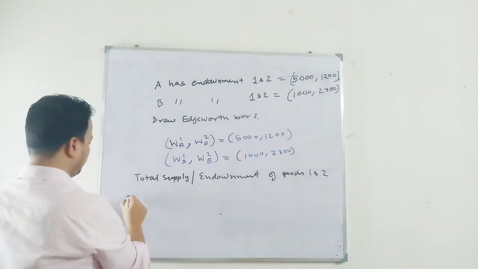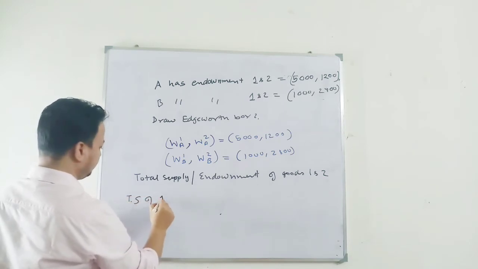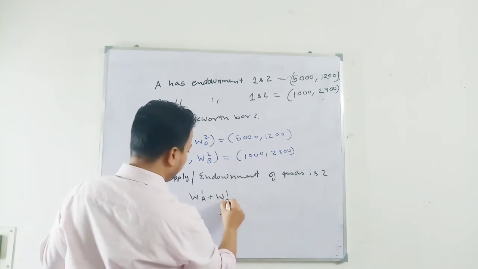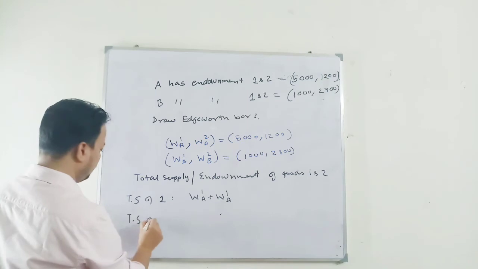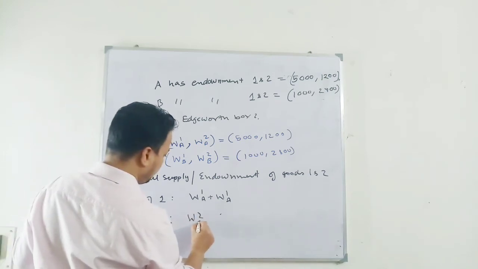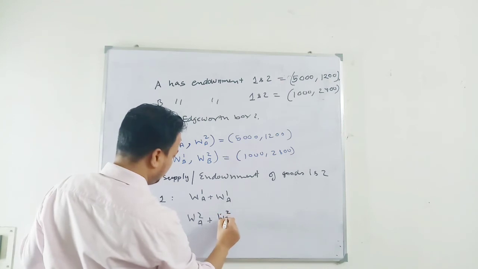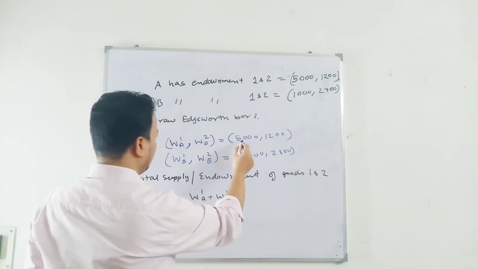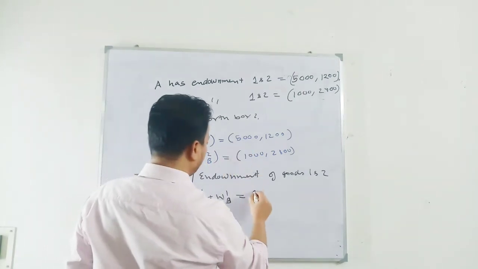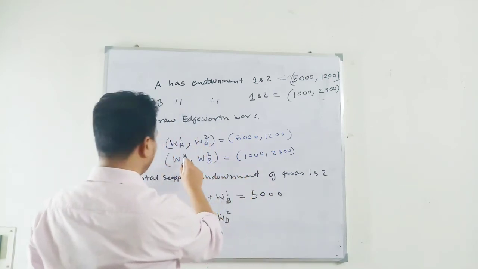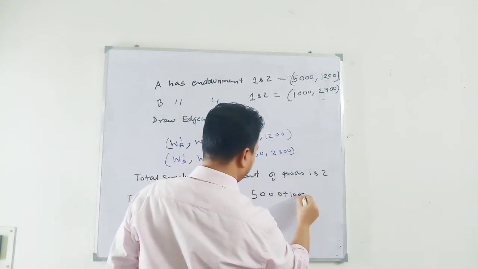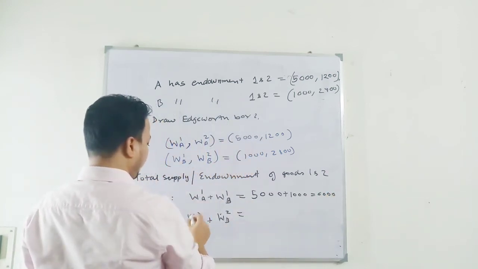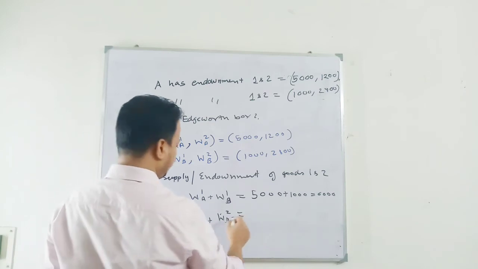Total supply of good 1 is the endowment of good 1 with consumer A plus the endowment of good 1 with consumer B. Total supply of good 2 is the endowment of good 2 with consumer A plus the endowment of good 2 with consumer B. Endowment of good 1 with consumer A is 5,000, with consumer B is 1,000. This is 6,000. So my X axis dimension will be 6,000.